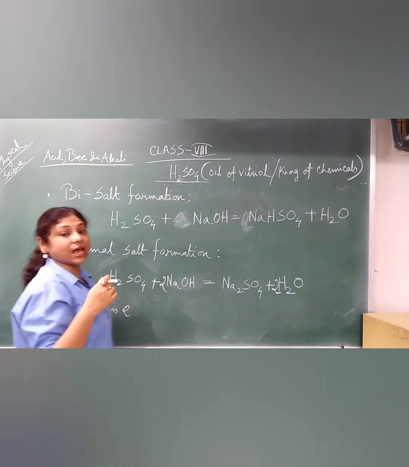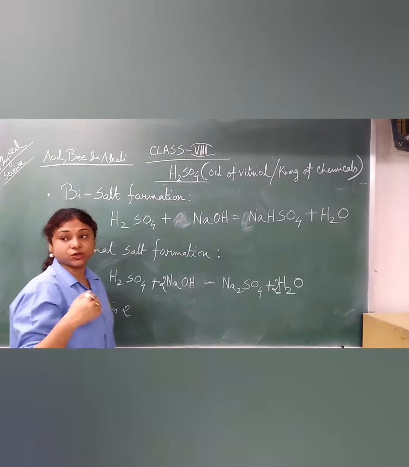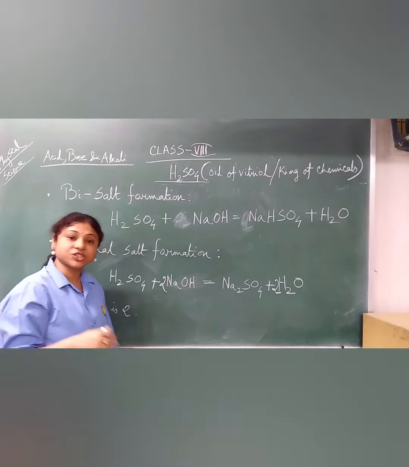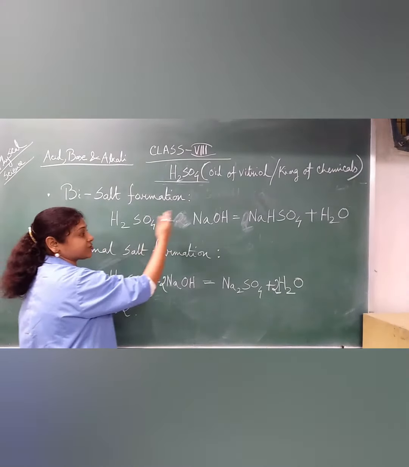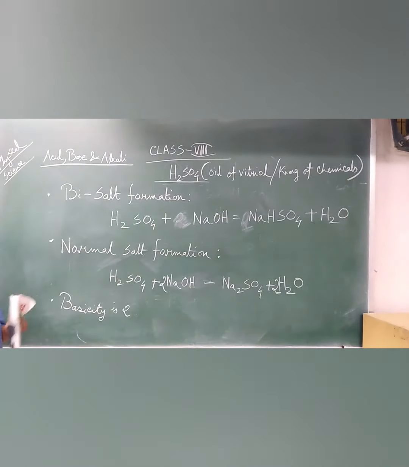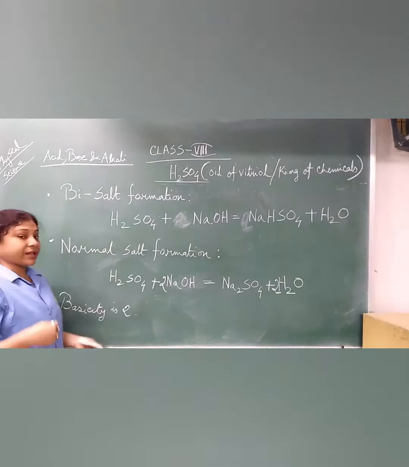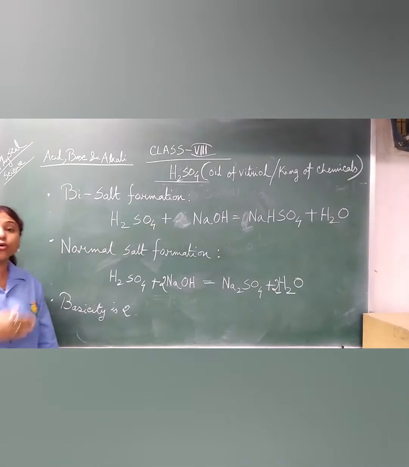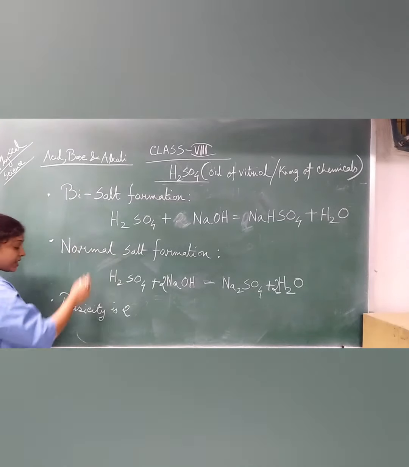So when sulfuric acid reacts with sodium hydroxide, obviously a neutralization reaction occurs, because an acid is reacting with an alkali. But as H2SO4 has two replaceable hydrogens, its basicity is 2.